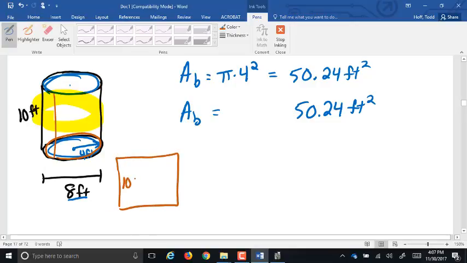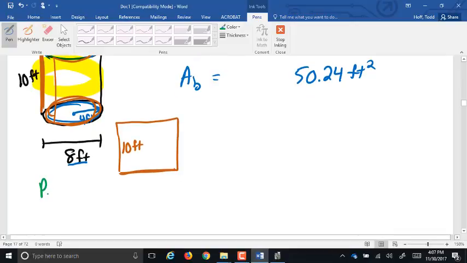The height of this rectangle is still 10 feet. That's just the height of my cylinder. The length of this rectangle is the distance around. It is the perimeter of the base, or the circumference of the base. So the perimeter of the base is the circumference. That's pi times the diameter of 8, which is 25.12 feet.